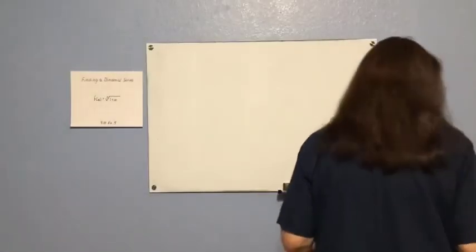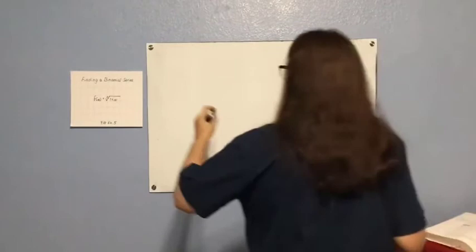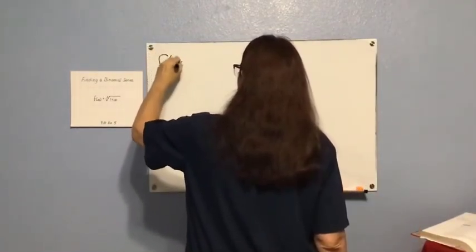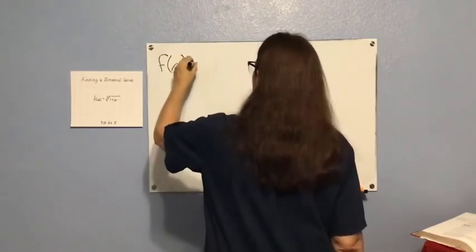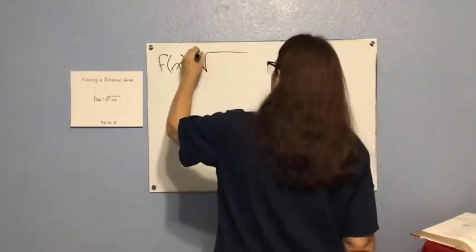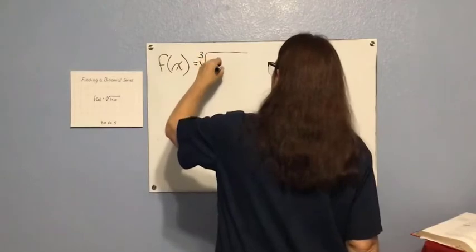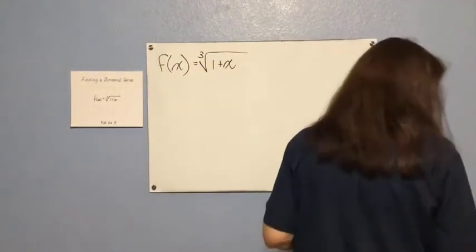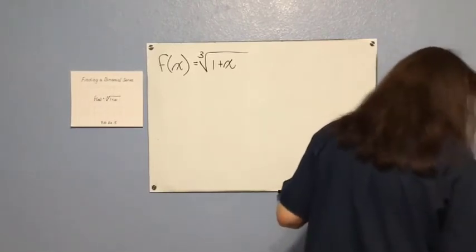Okay, now we're going to find a binomial series, and we're going to up the difficulty a little bit. F of x is equal to the cube root of 1 plus x. That's our function. So we're going to use a binomial series.